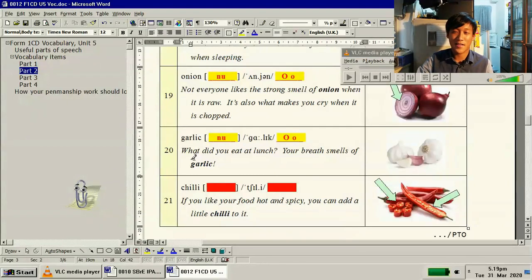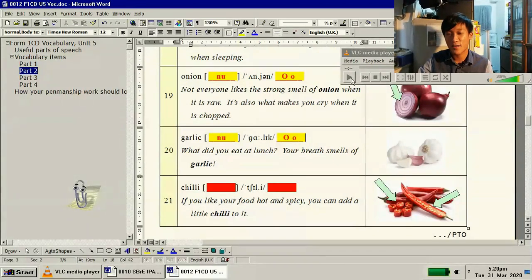Not everyone likes that smell. I myself like it, but I will try to control the breath coming out of my mouth after lunch. Anything else? No.